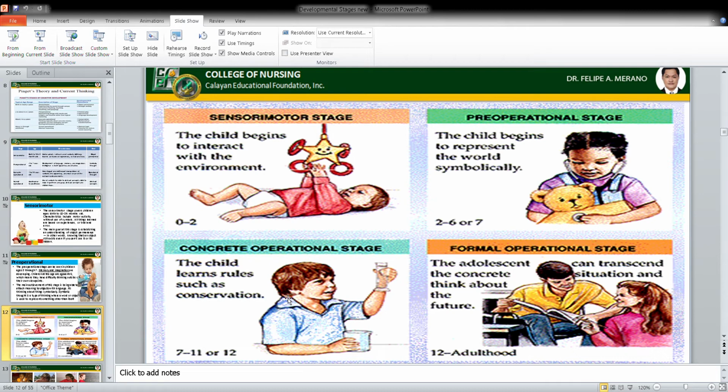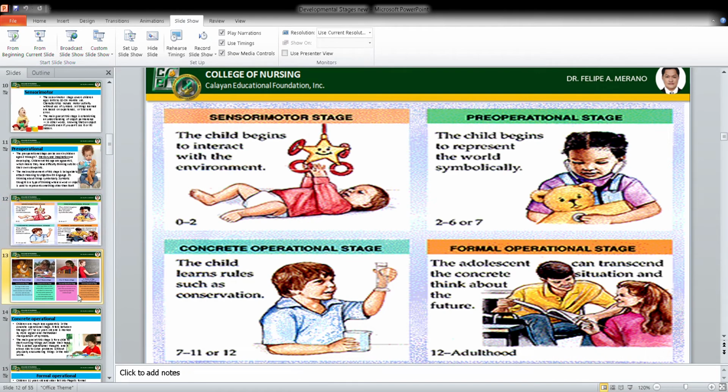So, in conservation, they conserve materials to reserve for themselves. Then, in the formal operational stage, the adolescents think concretely about the future and can transcend situations and events. So, this is the characteristic of the formal operational stage.